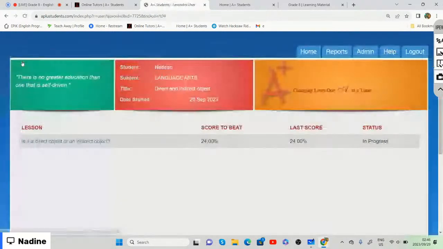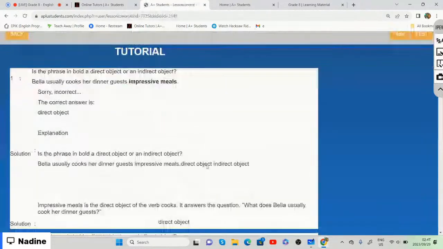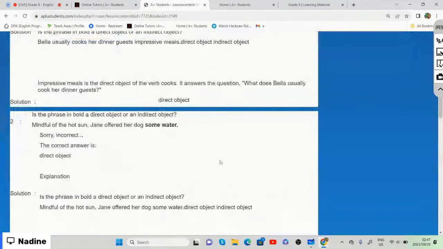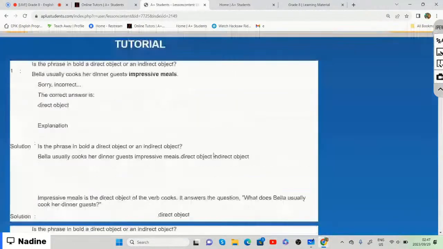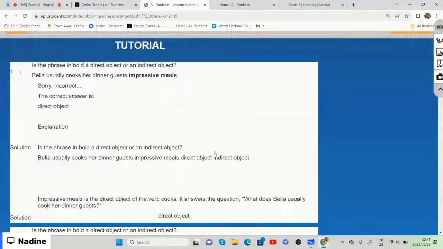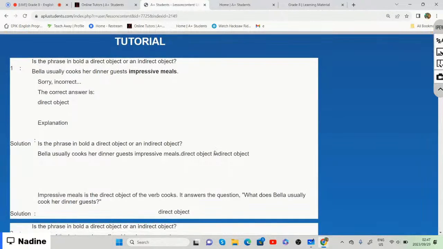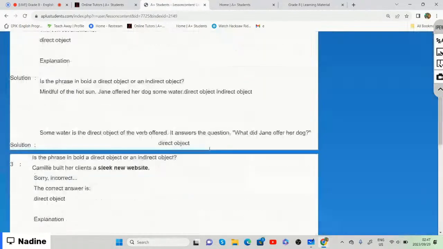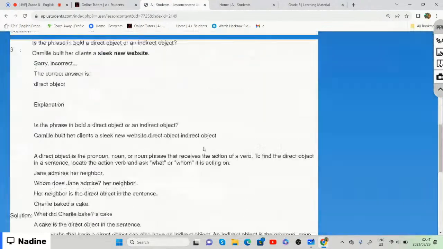All right, so that is now the end of our lesson on direct and indirect objects. And remember, with a direct object, you have to ask questions like, what is it acting on, whom is it acting on?